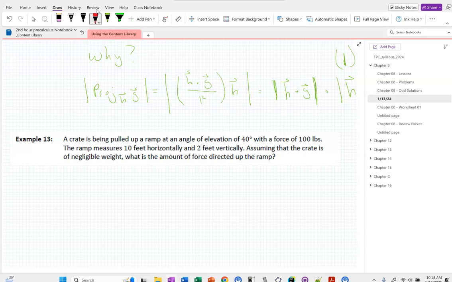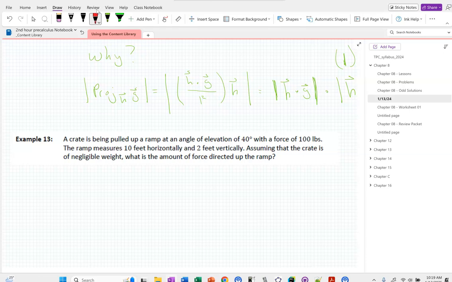If the crate doesn't weigh anything, does gravity act on it? No. If it did have a mass and gravity was acting on it, then I have 3 vectors going on, where I'd have to add 2 of them and then project the sum onto the ramp. Here, because the crate has no mass, we don't have to do that. It's an imaginary crate.